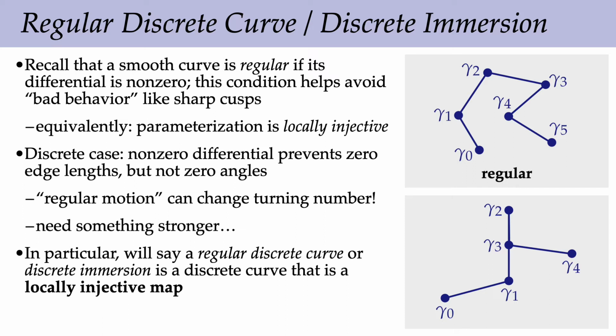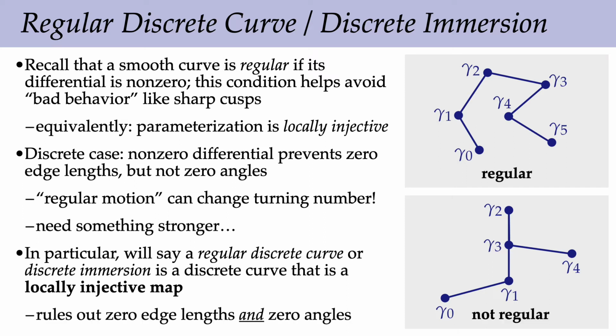I'm simply asking about some property of the map itself, and we'll look at this in more detail in a second. But the important thing, as we'll see, is that this definition rules out both zero edge lengths and zero angles. It really captures the notion of regularity from the smooth setting in a nice way.